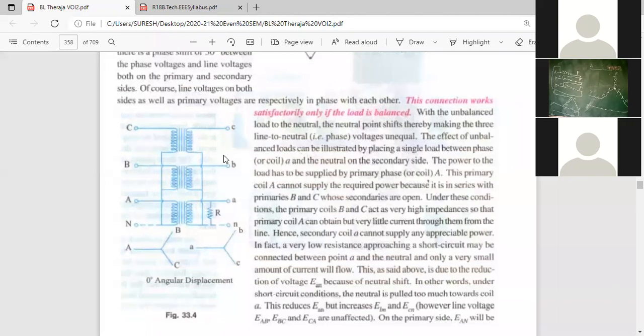Primary windings are star. This is three-phase star-star.